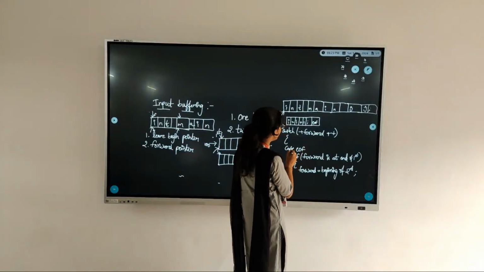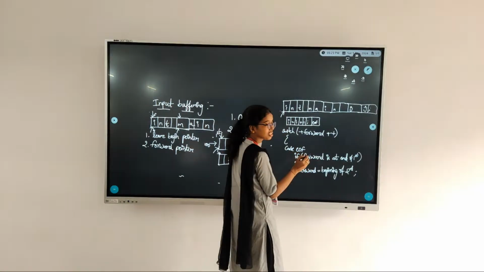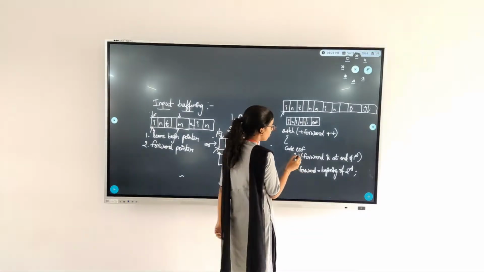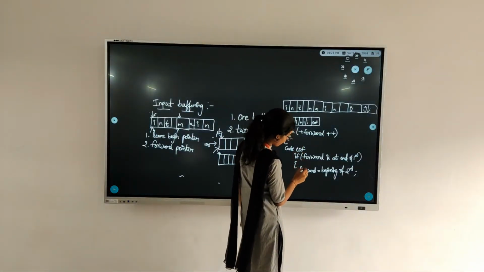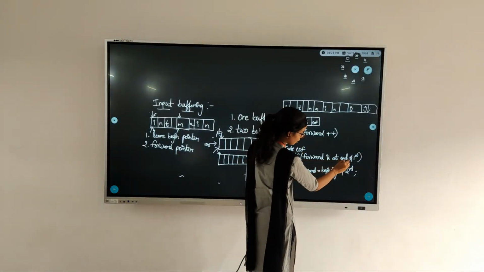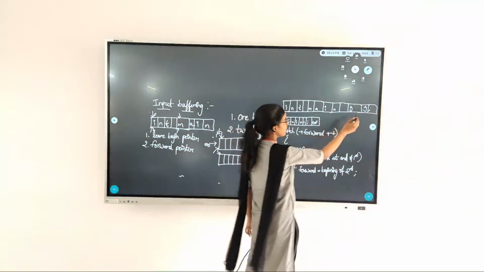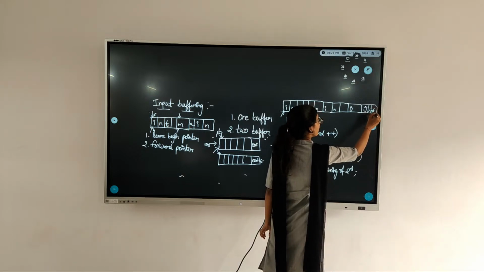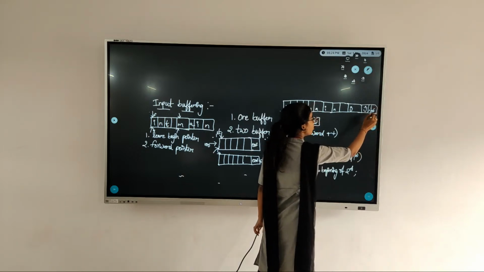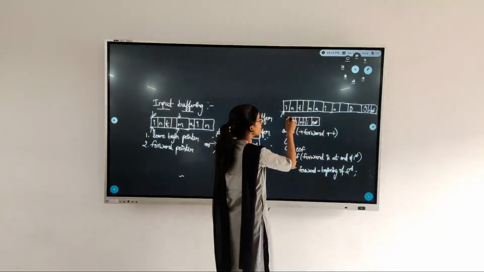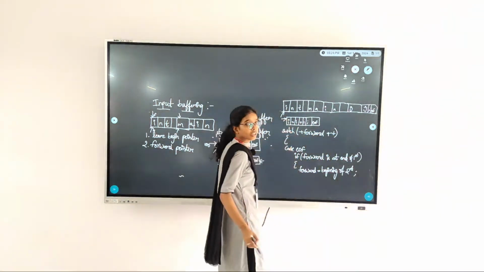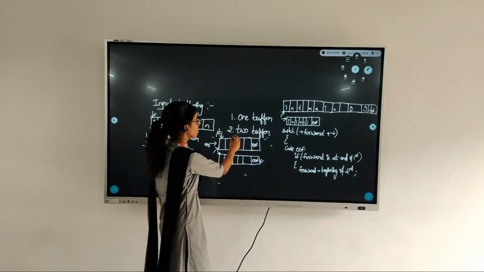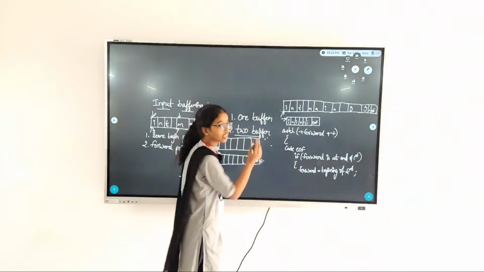So in this case, we have written EOF, which is end of the file. Whenever the EOF comes, if forward is at the end of the first buffer, for example if there is an EOF here, then you have to go to the second buffer. Here we have used two buffers.